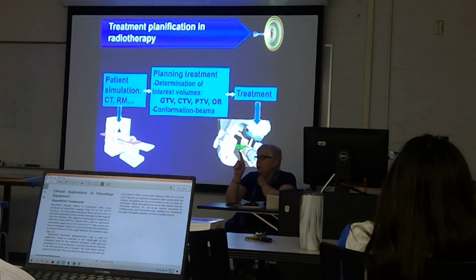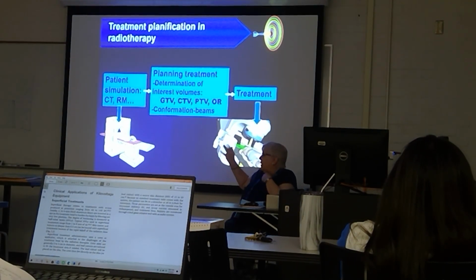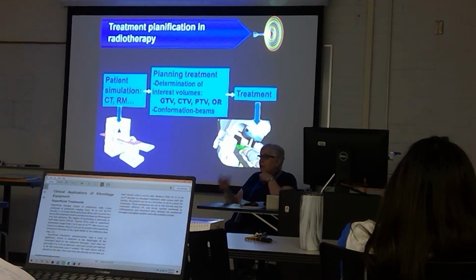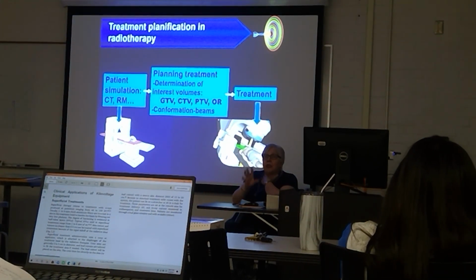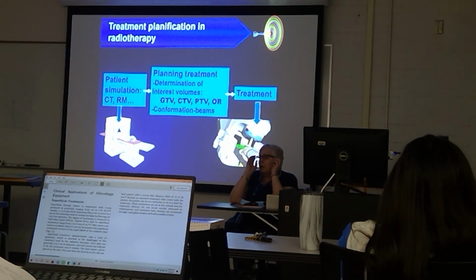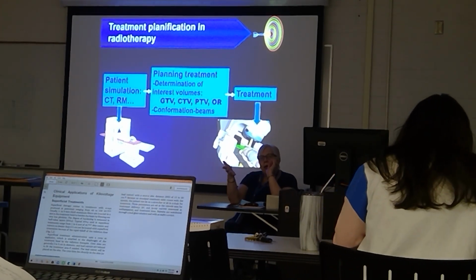That's all you're looking for on a KV image. If you use the other part of the KV imager and the other software, that would give you a cone beam CT, which looks at soft tissue images. So the KV imagers are looking at bony anatomy. Using the cone beam CT looks at soft tissue anatomy.